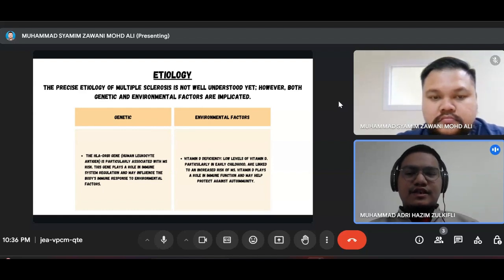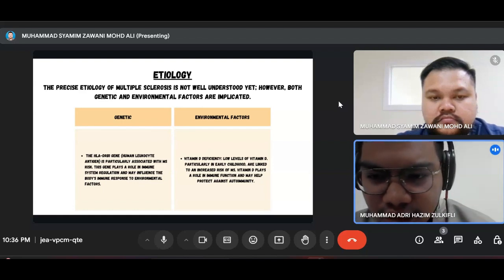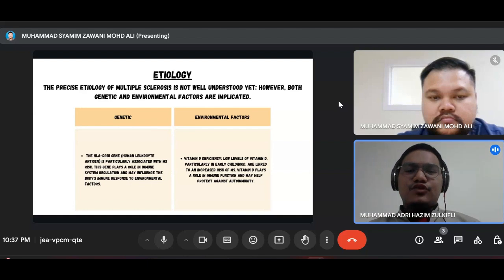Family history is one of the stronger risk factors, such as the DR15 gene, the human leukocyte antigen, which is particularly associated with multiple sclerosis risk. This gene plays a role in immune system regulation and may influence the body's immune response to environmental factors.